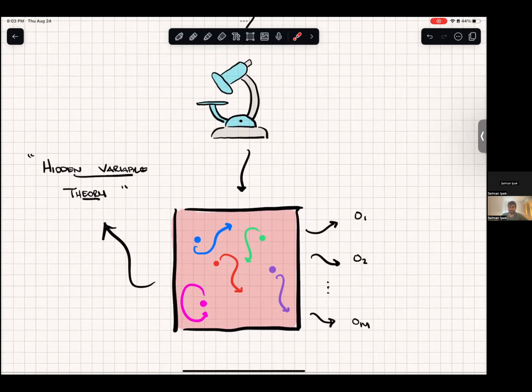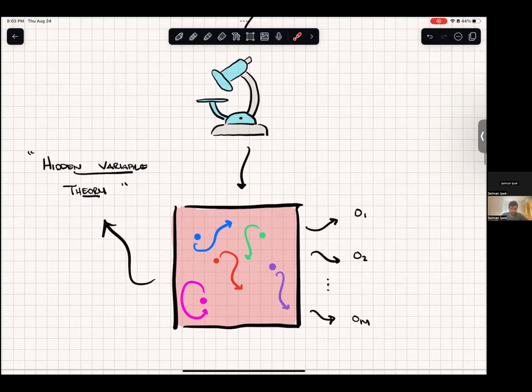Now, trying to explain statistics in this way is an approach that goes back to Einstein, Podolsky, and Rosen. These are called now hidden variable theories. And the basic idea is that there's some ontological, or there's some physical states out there in the real world whose perhaps complicated dynamical process ends up giving you a certain set of outcomes.